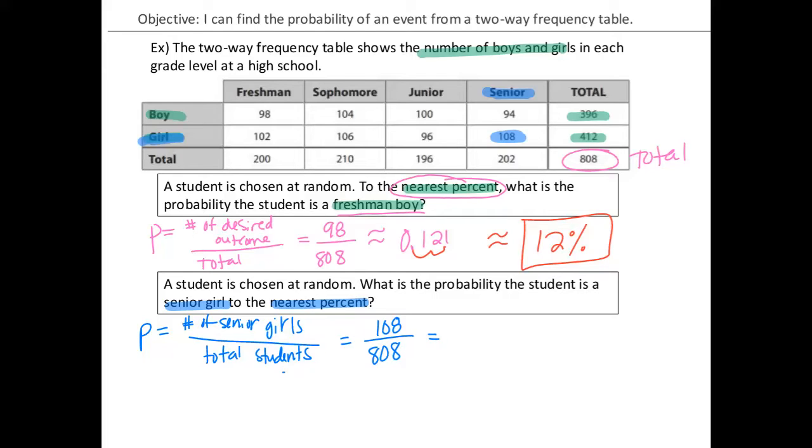So you put that in as a decimal, and you're going to go 3 decimal places. Can you tell me what it is in 3 decimal places? 0.133. Okay. So to the nearest percent, move the decimal twice. So 1, 2. After the decimal now is a 3. That's less than 5. So it's going to stay as 13%.